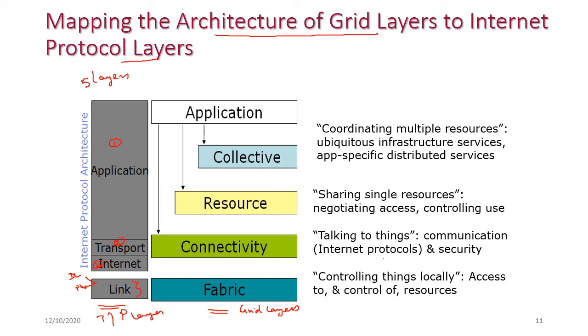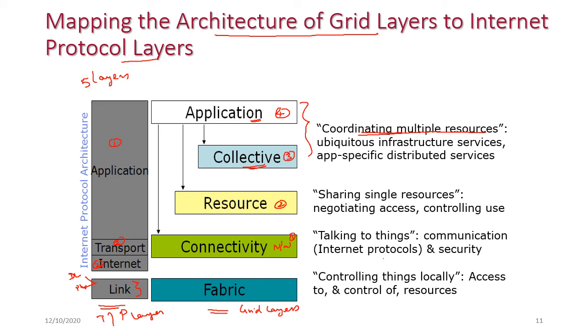And in the grid layers we have connectivity, that is the network layer; the first one is connectivity, the second one is the resource layer, the third one is the middleware layer, which is called collective here, and the last one is the application layer. The application and middleware layers are coordinating multiple resources.